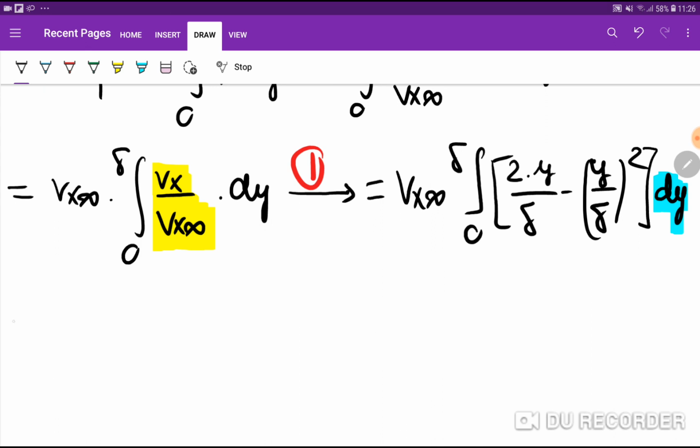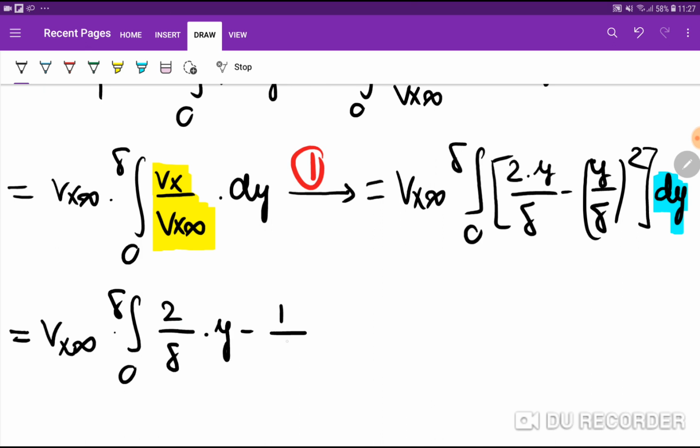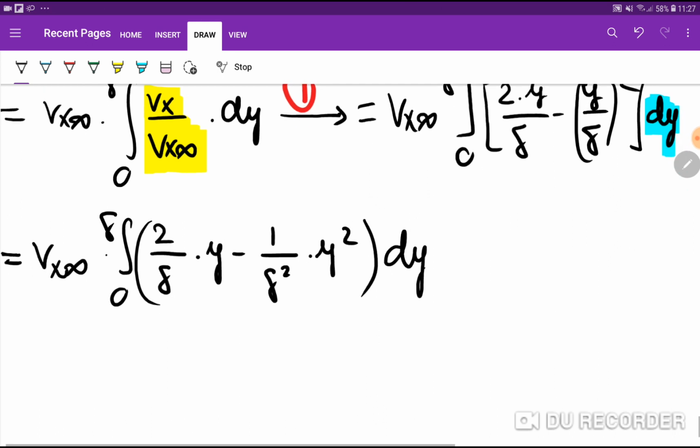Let's organize our integral a little nicer. I rewrite it as Vx infinity times the integral from 0 to delta of 2 over delta times y minus 1 over delta squared times y squared dy. Notice how I separate the y and the constants. 2 over delta is a constant, and 1 over delta squared is a constant.